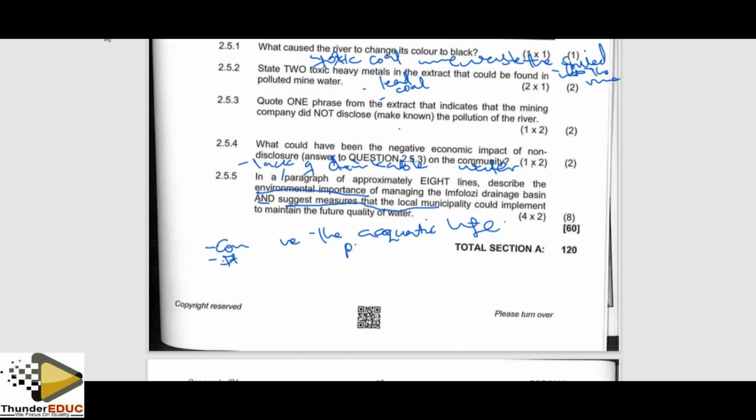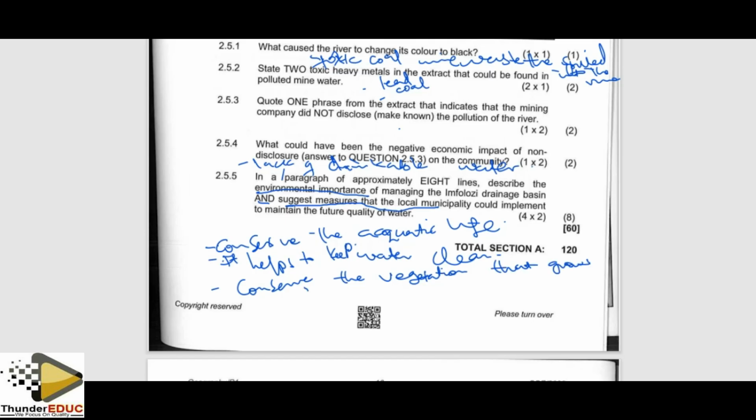Number two, it helps to keep the water clean. And it also helps, I'm still looking at the positive, to conserve the vegetation that grows next to the river. Remember, the question says paragraph, so it should be written in paragraph format, despite the fact that I'm outlining it. So those are the importance of managing. If you manage it, all this will happen.